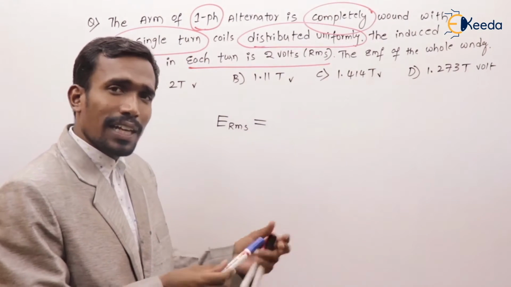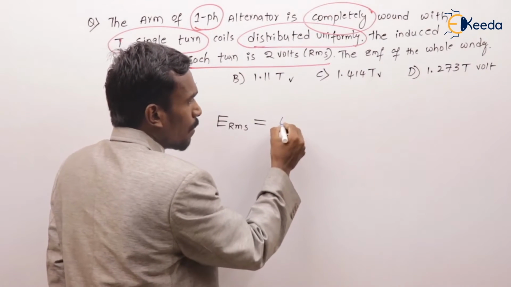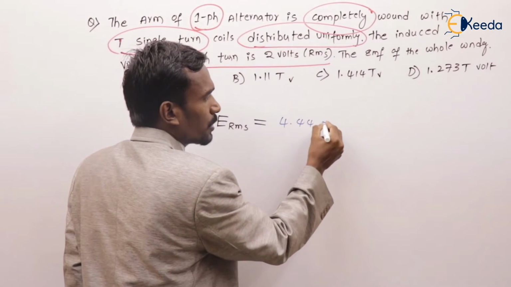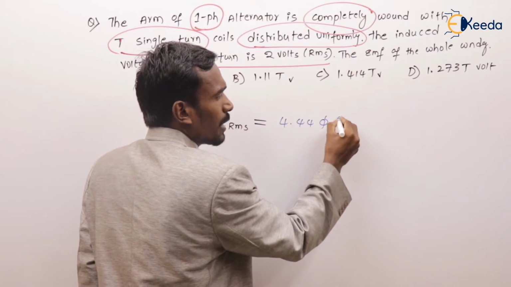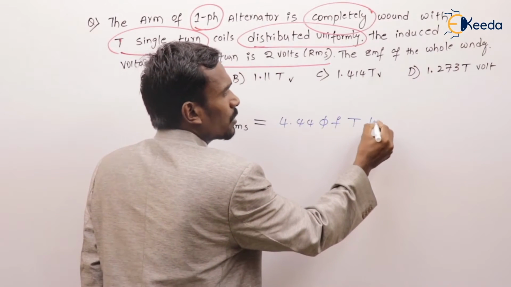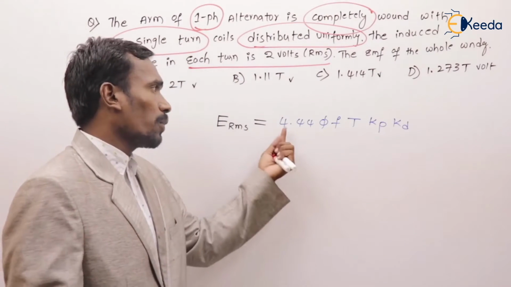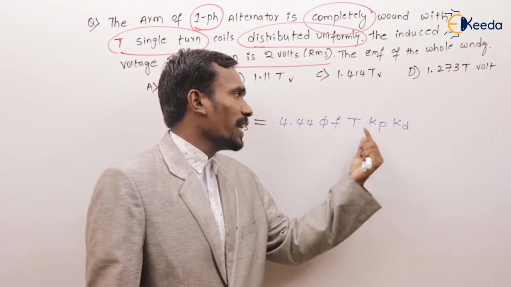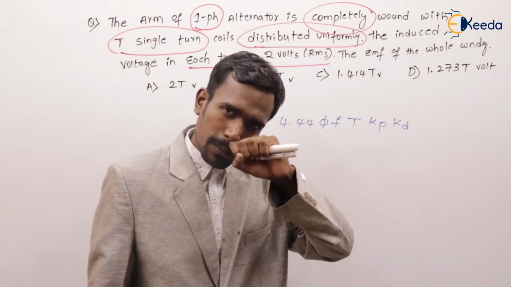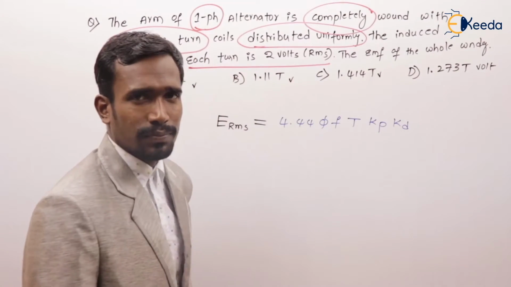What is the formula for ERMS for the whole winding? 4.44 into phi into F into T into KP and KD. So right, this is the answer.